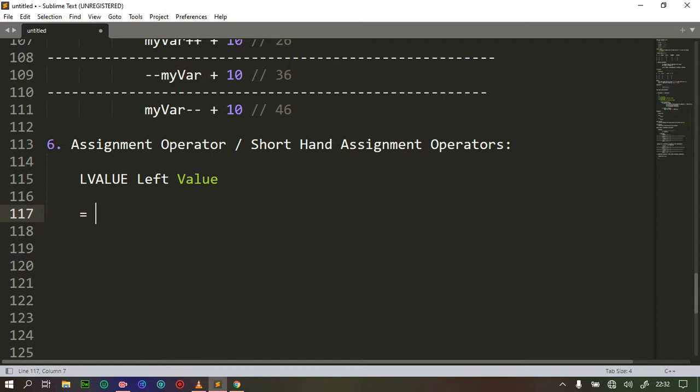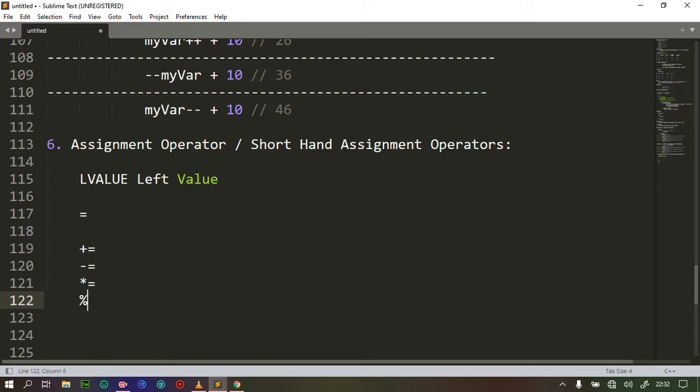Now we have what we call shorthand assignment operators. A shorthand assignment operator means that either relational or basic math operators, those are arithmetic operators, each operator moves with an equal sign. What do I mean? I have a plus, so it moves with that. I have a minus, it moves with that. I have a multiplication, it moves with that.